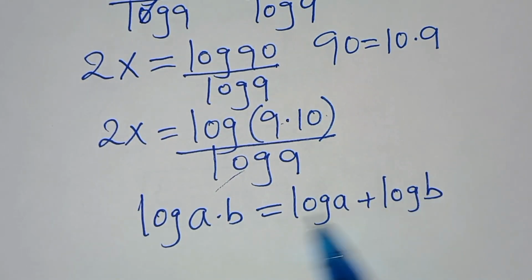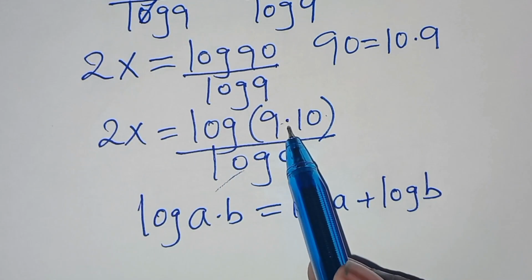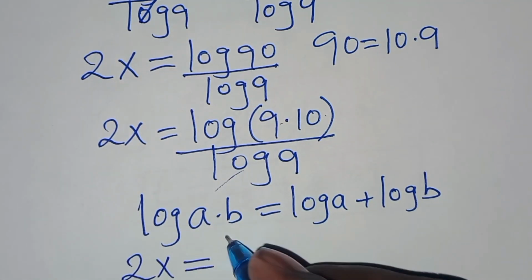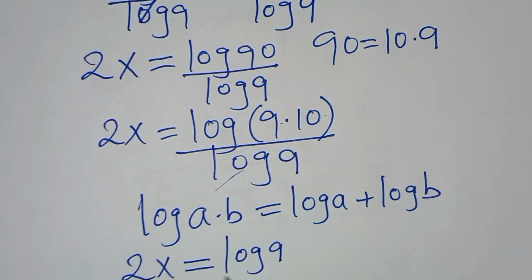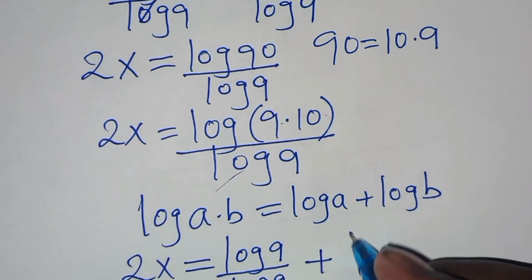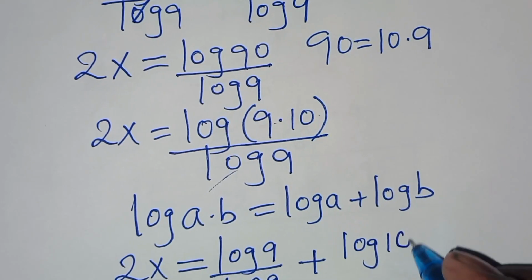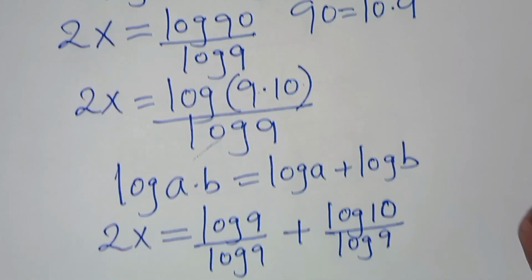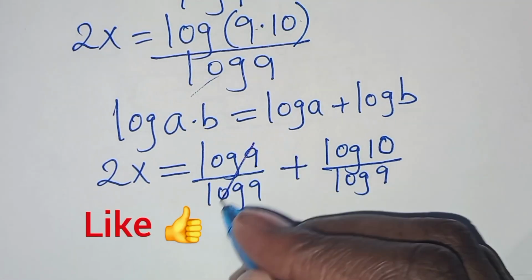So applying this logarithm property, then you find that log 9 times 10, this can be expressed as 2x is equal to log 9 divided by log 9 plus log 10 divided by log 9. So log 9 and log 9 simplifies.